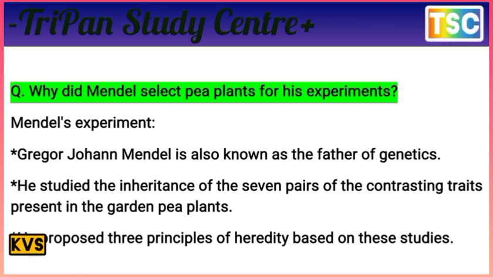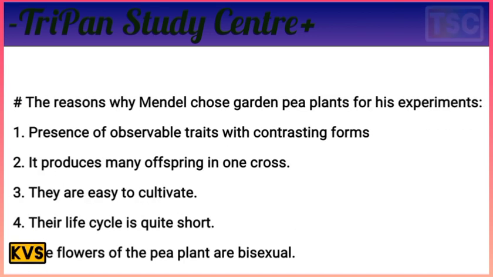He studied the inheritance of 7 pairs of contrasting traits present in garden pea plants. He proposed three principles of heredity based on these results. Now, the reasons why Mendel chose the garden pea plant for the experiment.